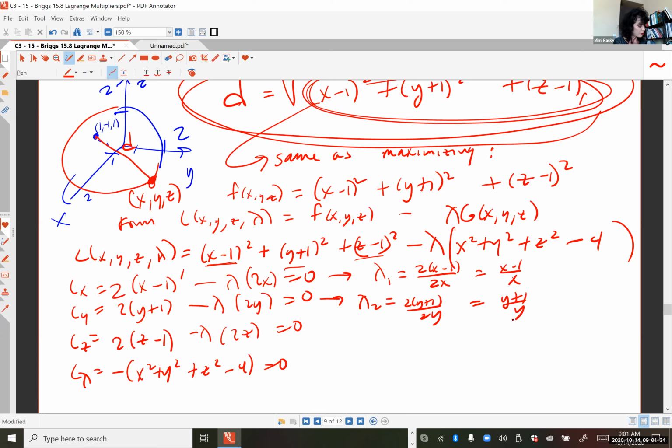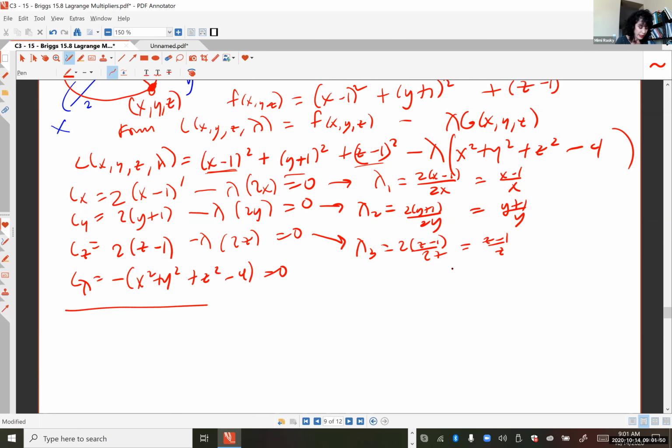And I get (y plus 1) over y. Fine. And then my third lambda, these are really all the same lambdas, so I'm putting subscripts, but it's not really. 2 quantity of (z minus 1) over 2z, reduce it, I'll get (z minus 1) over z. Okay, now all of those lambdas have to really be the same lambda. So if I set the first one equal to, what the heck, the second one, fine.